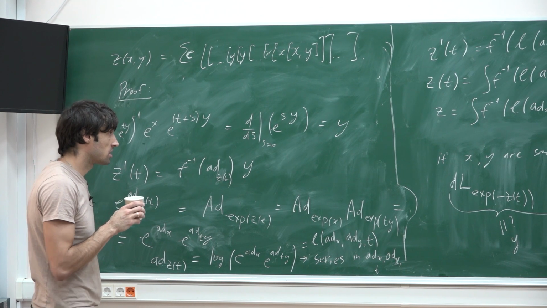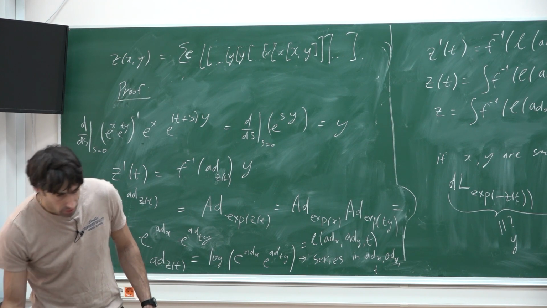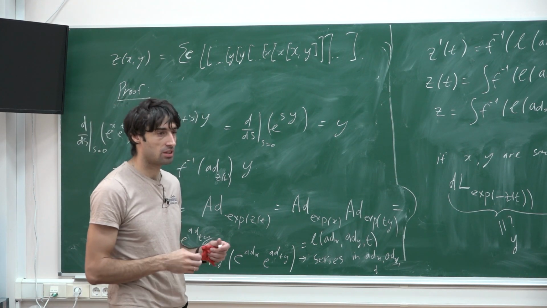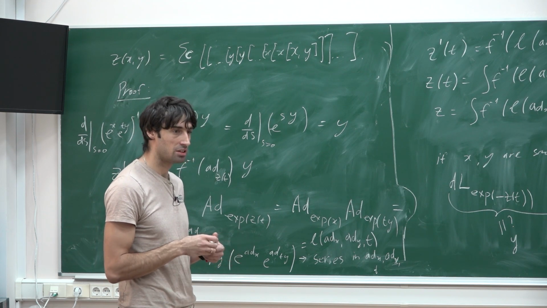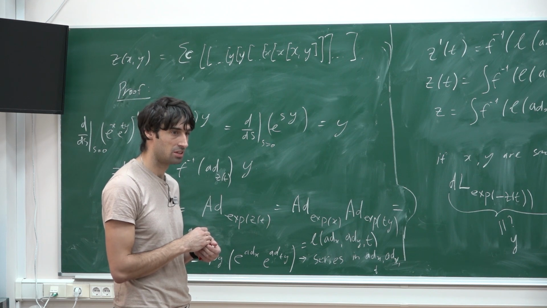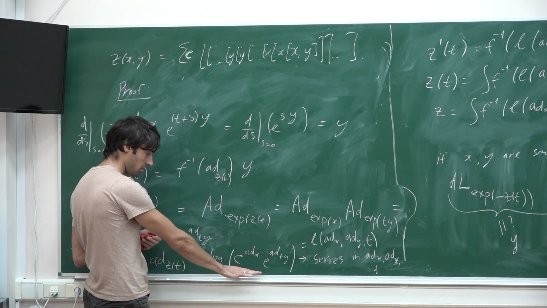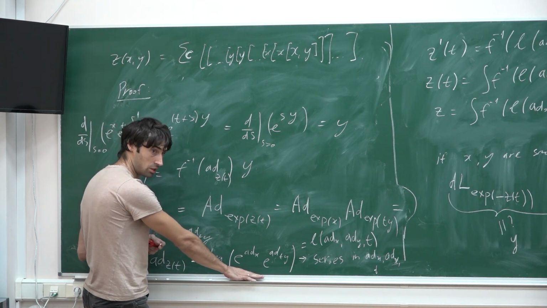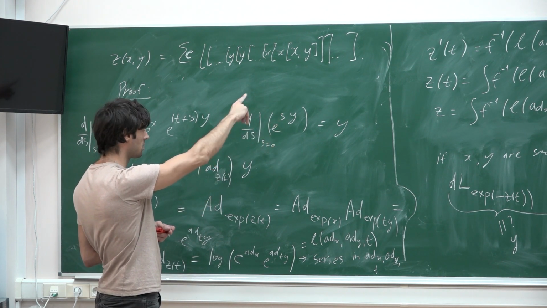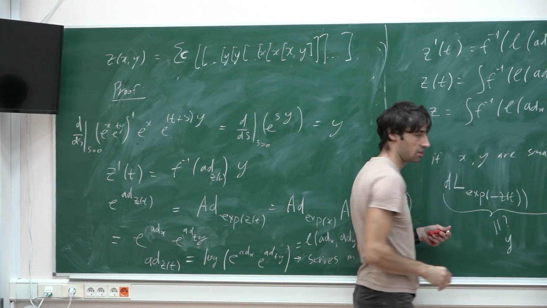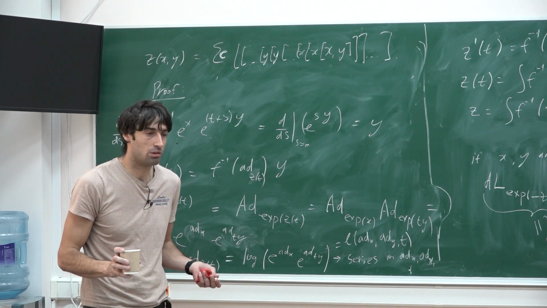So if you calculate the integral, you can get explicit coefficients in this series if you wish. If you look in books or even in Wikipedia, you will see this expression, for example, an integral of the inverse of this f of logarithm. This proof is very similar to the Campbell-Hausdorff formula. I mean, this is the Campbell-Hausdorff formula.